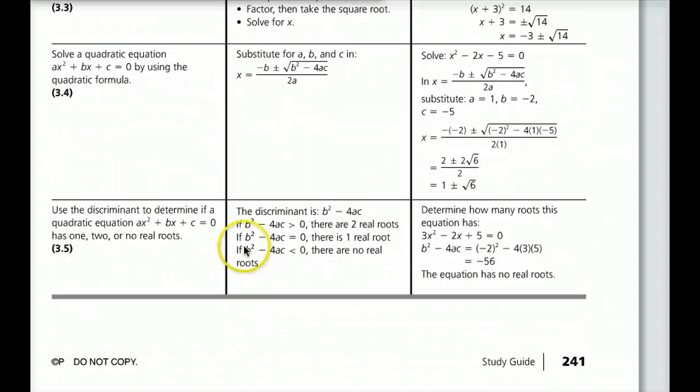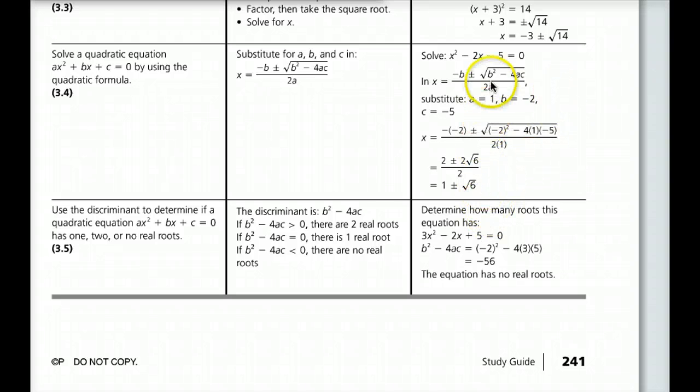And finally, we're still talking about the same thing. Since we got this formula, there is a radical term, the square root of b squared minus 4ac, and it looks like this is a term that is decisive to our solutions.